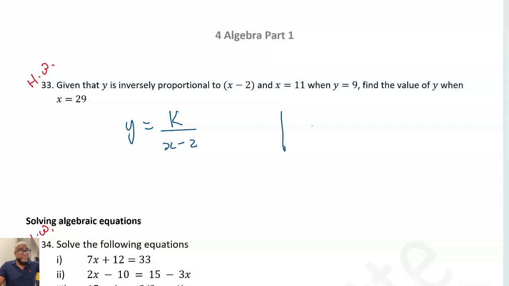For those who can't remember, if I say Y is inversely proportional, well, they're using proportional here, but it's basically variation that they use most of the time. Directly proportional and inversely proportional are another way to say direct and inverse variation. Remember that.